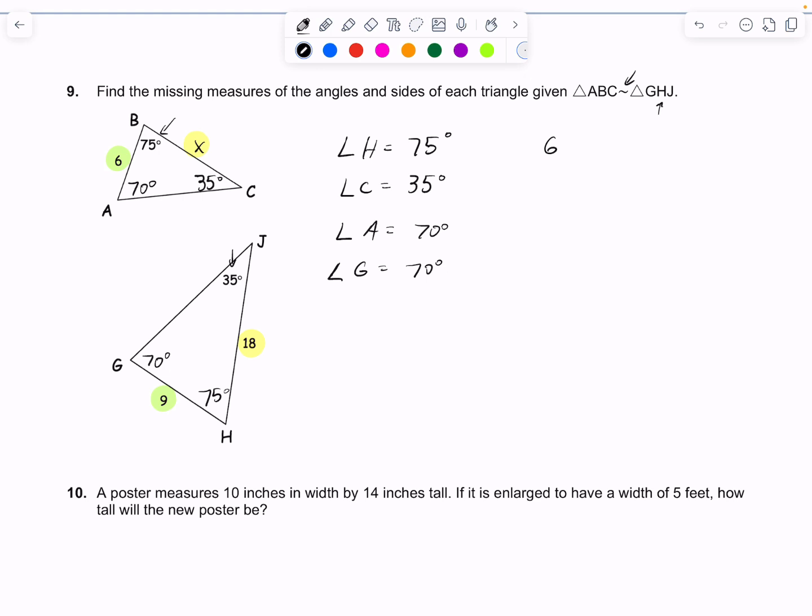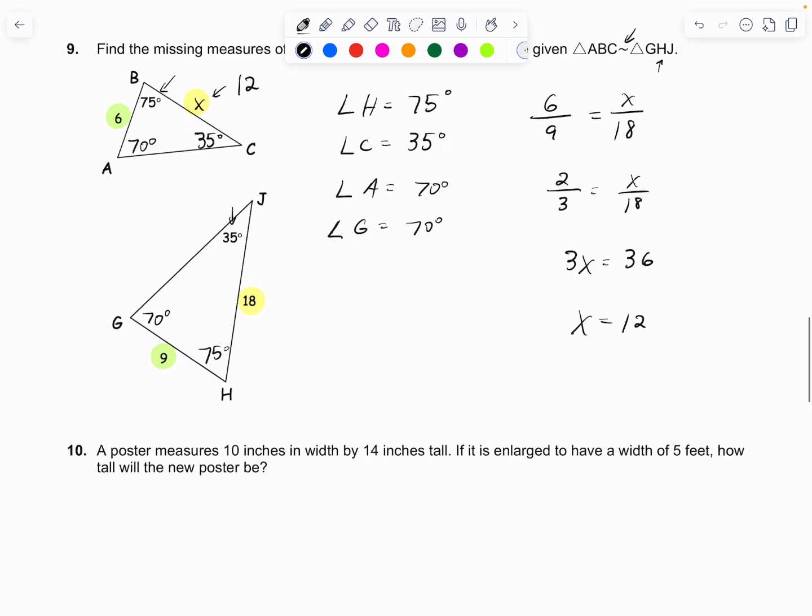I'm going to set up 6 over 9 equals X over 18. I'm going to reduce the 6 9ths before I do the cross products, but you don't have to. Dividing both by 3, I get 2/3 equals X over 18. Cross multiply, you get 3X equals 36, so X equals 12. So this side length there is 12 units. All right, and that's all I can find for these triangles.